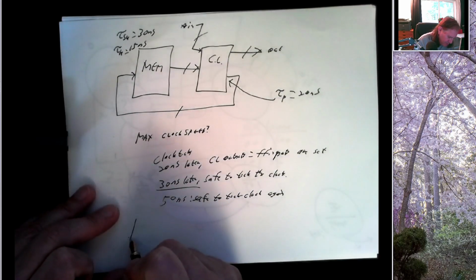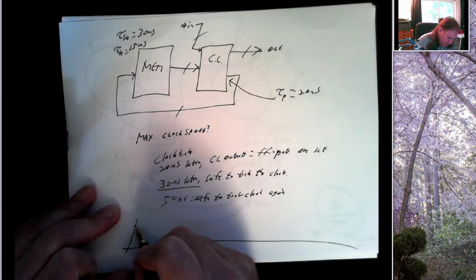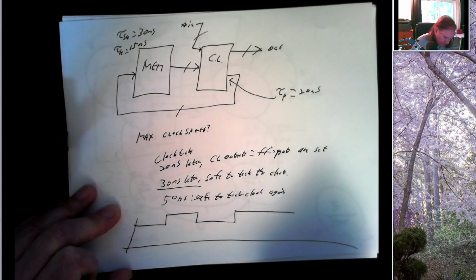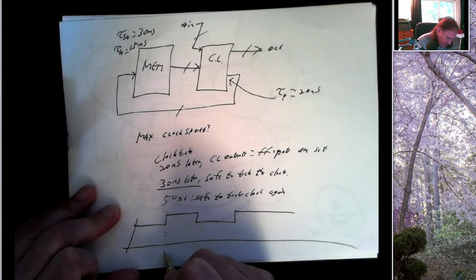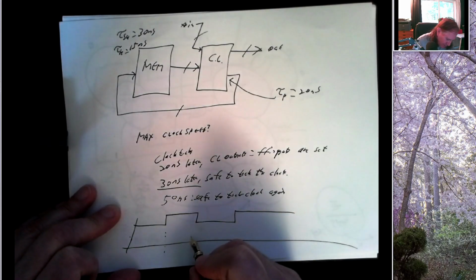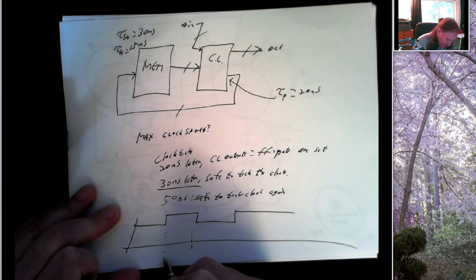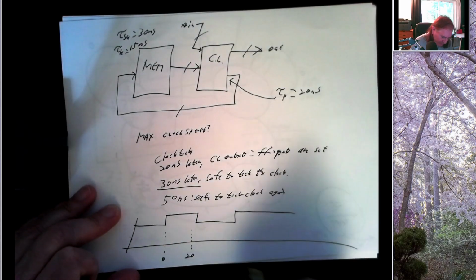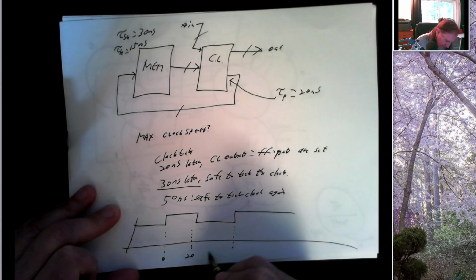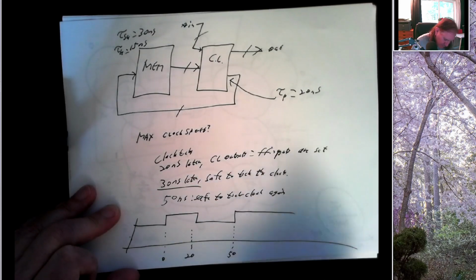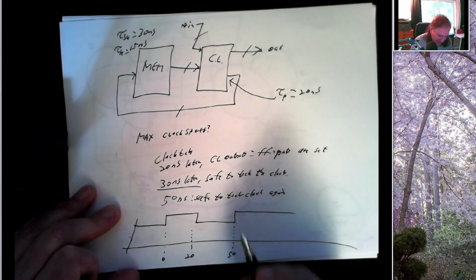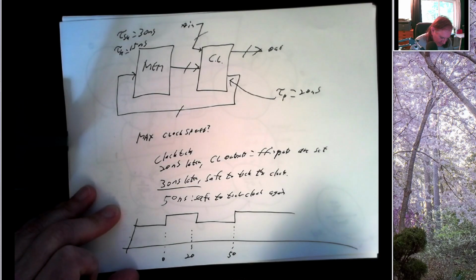So here's what our timing diagram looks like. Here's the clock tick, right? 20 nanoseconds later, combinational logic is set up. 30 nanoseconds later, the inputs to the flip-flop have been stable for the required setup time, and now we can tick the clock again.